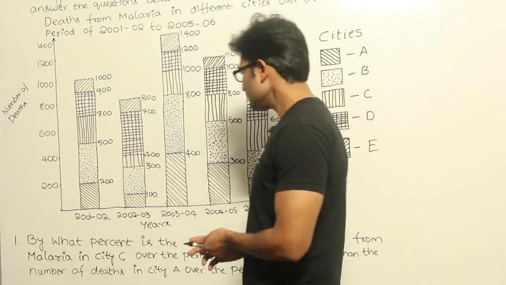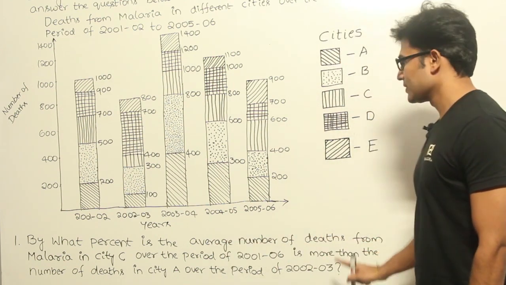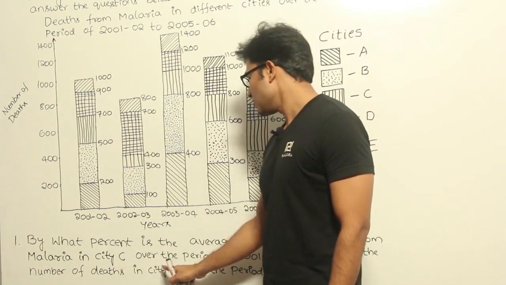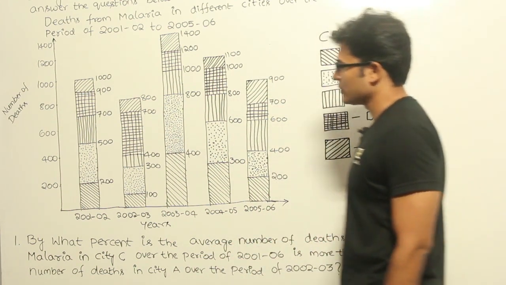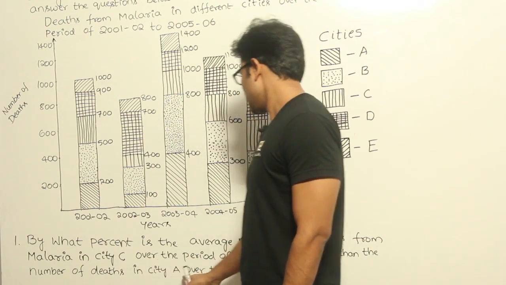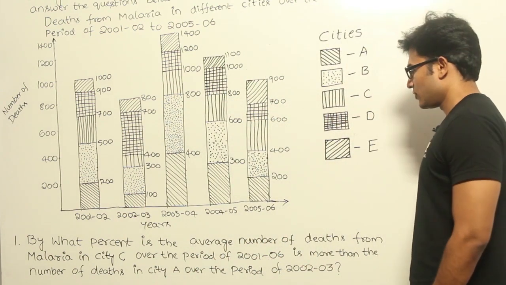By what percent is the average number of deaths from malaria in city C over the period of 2001 to 6 more than the number of deaths in city A over the period of 2002 to 3? What data do we need from this graph?